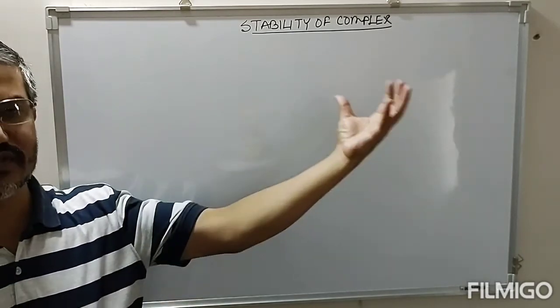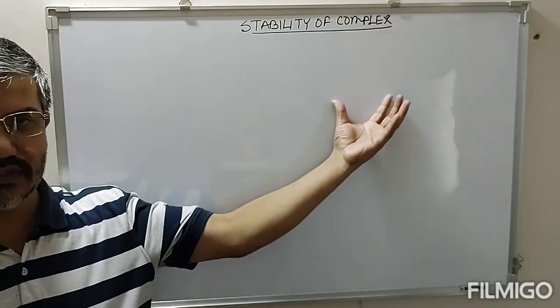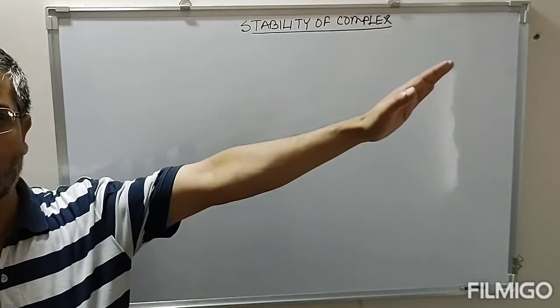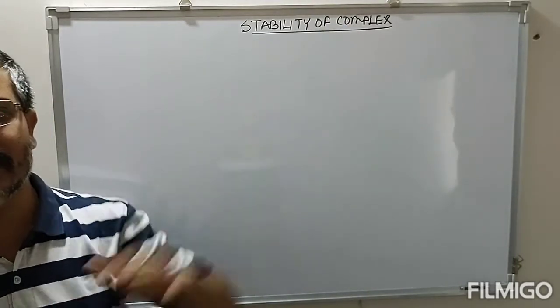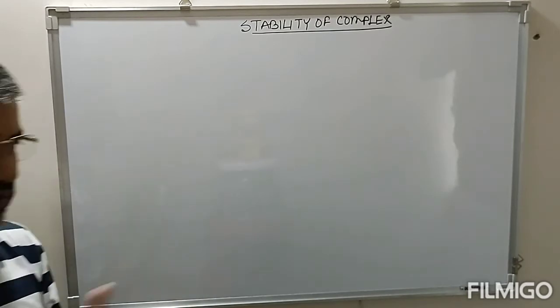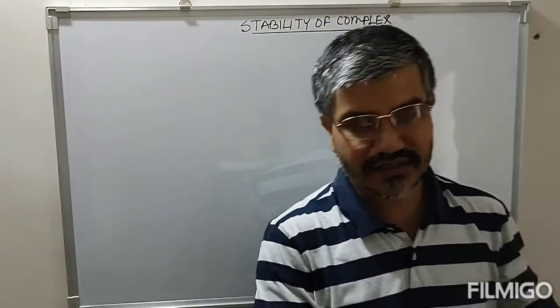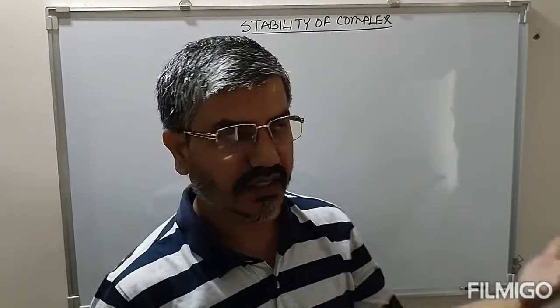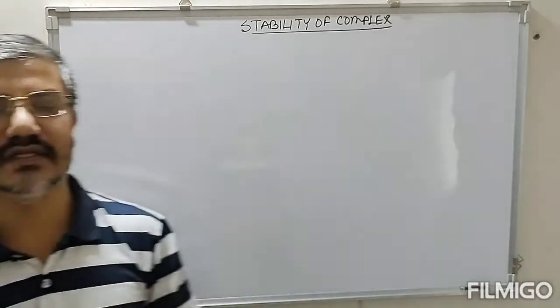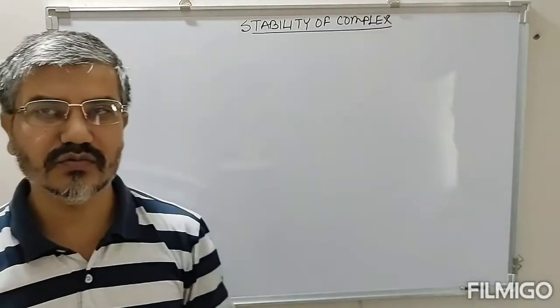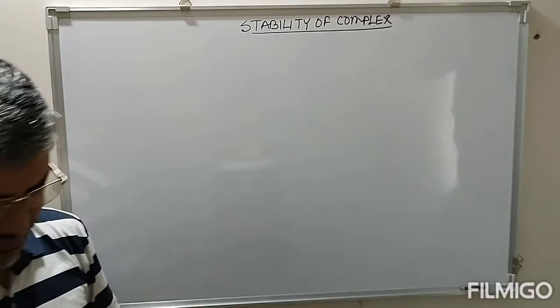If the equilibrium constant is more, obviously the reaction moves in the forward direction, and the complex will be more stabilized. If the equilibrium constant is less, that means the reaction is more towards the reactant side than towards the product side. If the reaction is more towards the reactant side, then the stability of the complex will be less.